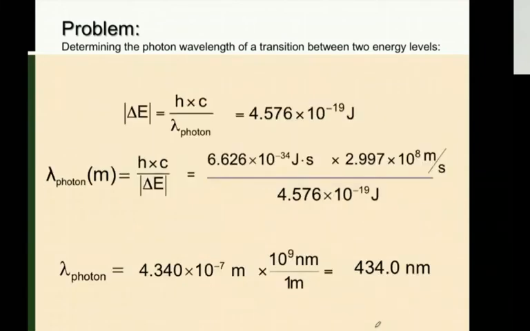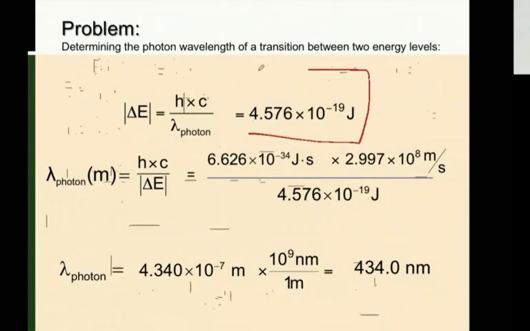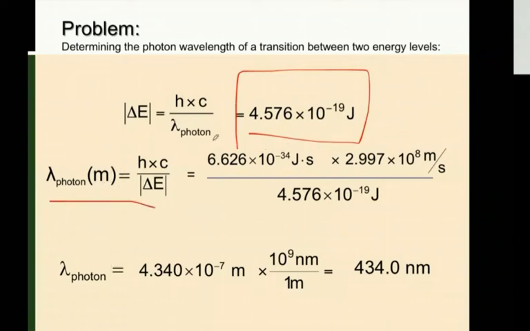So here is a continuation of that problem that we had a moment ago. We calculated the absolute change in energy is going to be this. So that means we can find the wavelength of our photon pretty easily. We have H, we have C, those are both constants. Then we fill in this delta E value, which we calculated up here.